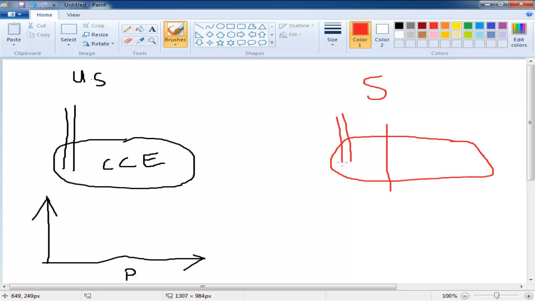Now, for a saturated reservoir, the pressure should be like this, and then at this point we will have saturation pressure.